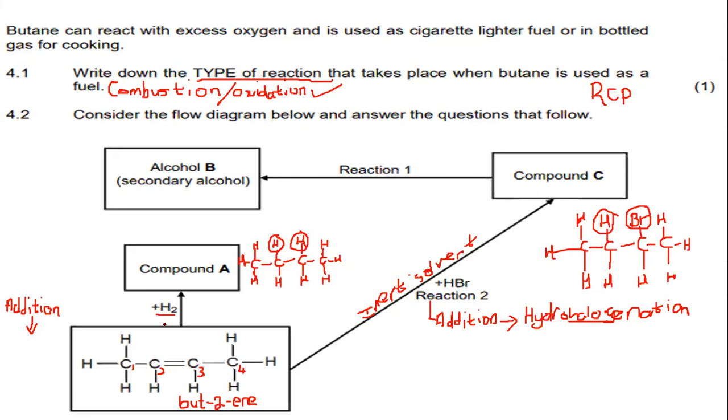So because I added 2 hydrogen atoms, the type of addition shows that I have added hydrogens. So we will say it is hydrogenation. Right, so the type of addition is then called hydrogenation.